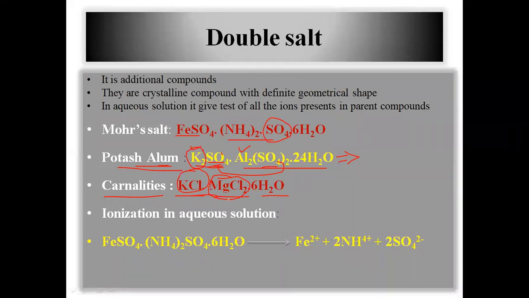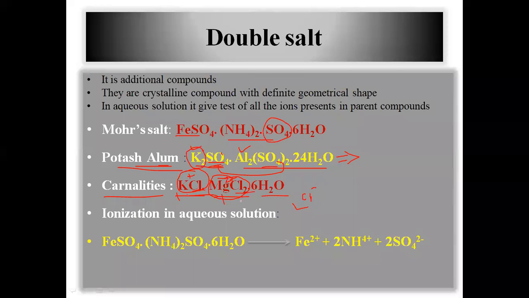When this double salt is dissolved in a particular solvent, it ionizes, and during this ionization it gives one K positive ion for the potassium, one Mg2 positive ion for the magnesium, and the chloride ions, chlorine negative.